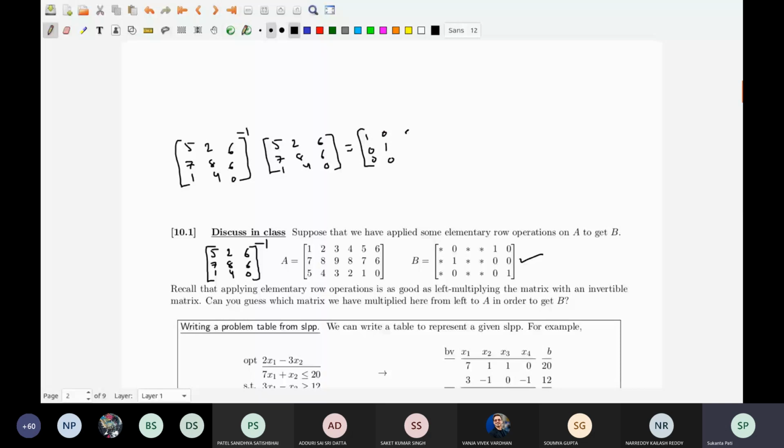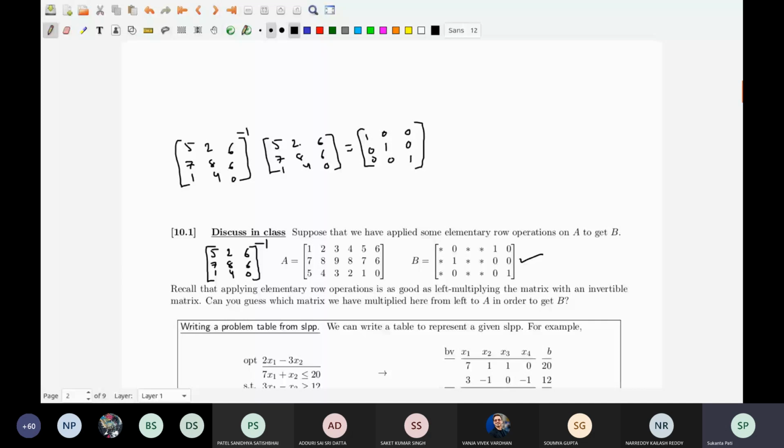So if I have a matrix that takes 571 to 100, 284 to 010 and 660 to 001, that must be the inverse of this matrix.